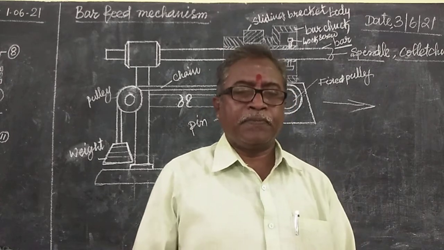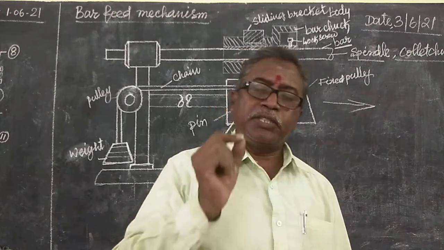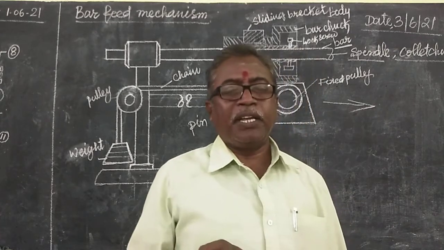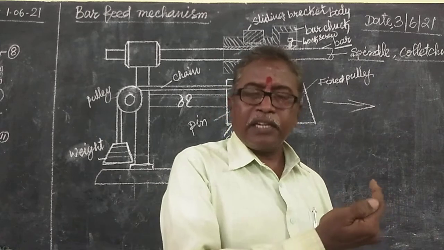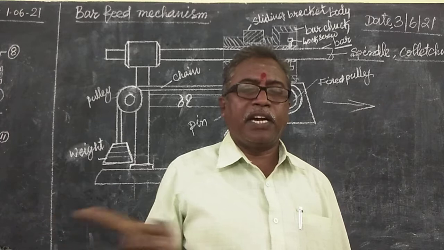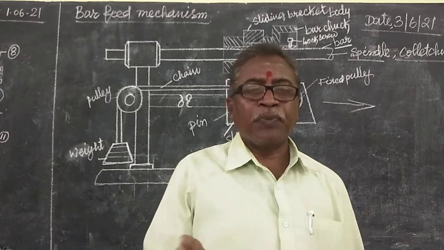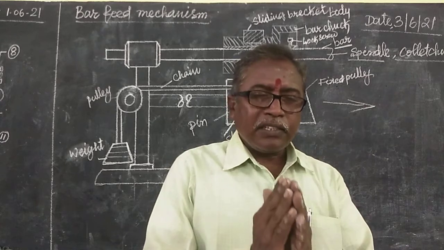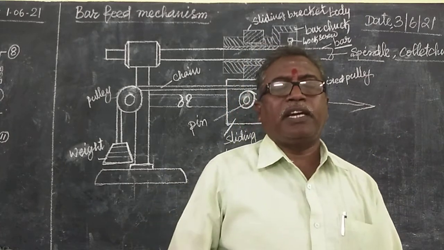Actually 6 faces are there. The 6 faces must be exactly square to the machine, then the tool will be correctly seated, and the drill goes like that, the tool goes like that. So in the turret head, what tools can be held?